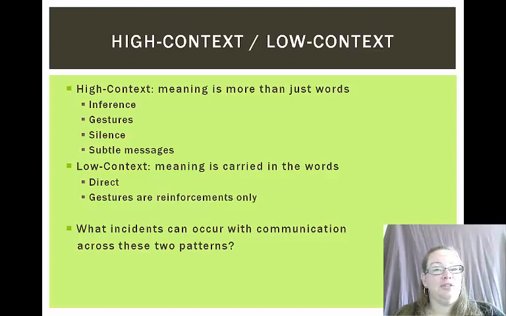In a high context culture, that's not true. In a high context culture, the meaning is much more than just the words that you hear. You have to pay very close attention to inference and things that we're talking about, to gestures, to silence, and to other subtle messages. So Japanese is often referred to as a really good example of a high context culture.